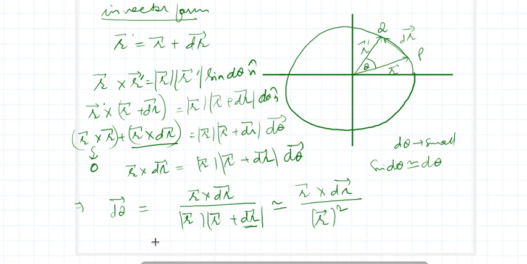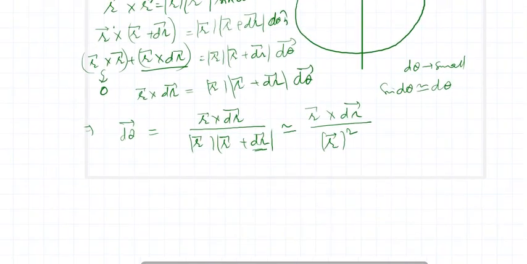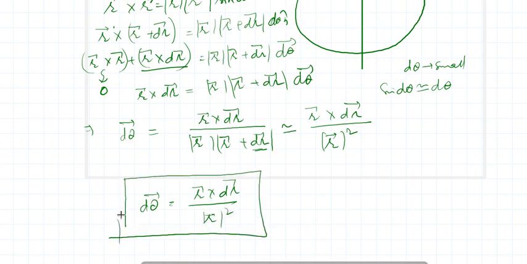So this is the expression for d theta. This is the expression for angular displacement in the vector form, or sometimes we can simply write r cross dr over r square.